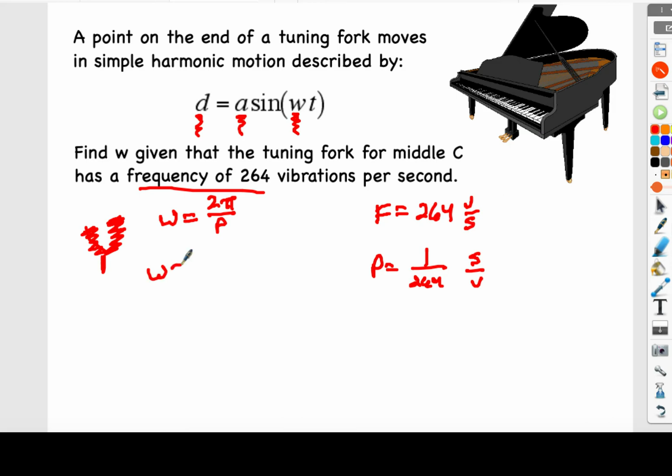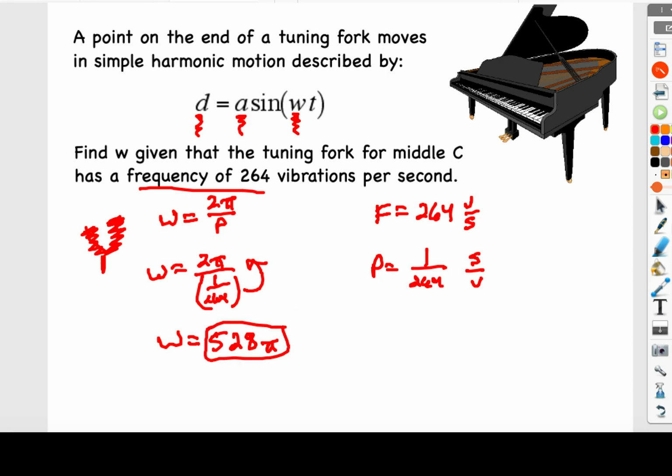So now we can go back to our W and say 2 pi divided by 1 over 264, multiply by the reciprocal of our fraction here, and W will equal 264 times 2 pi, or basically 528 pi. And again, it's just a number put into an equation, so we don't really need to provide a label there. Our W value would be 528 pi.